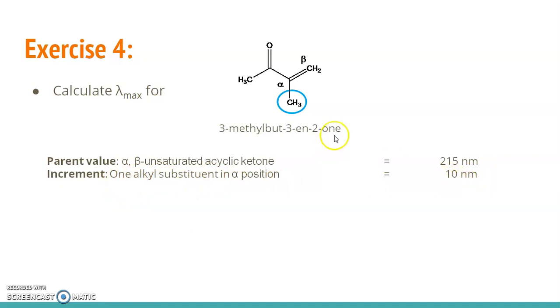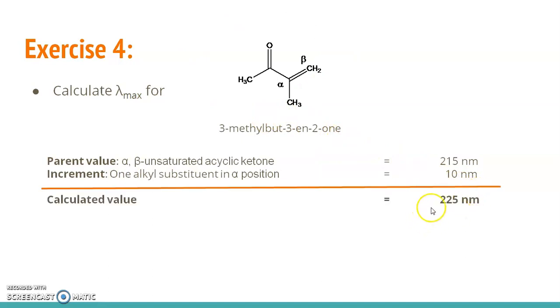There is nothing else left to assign as an increment. We directly sum it up, which is 225 nanometer as the calculated value, and 220 is the observed value. Again, I would like to mention that this observed value depends on the kind of solvent this molecule is dissolved in while we are taking the absorption readings.